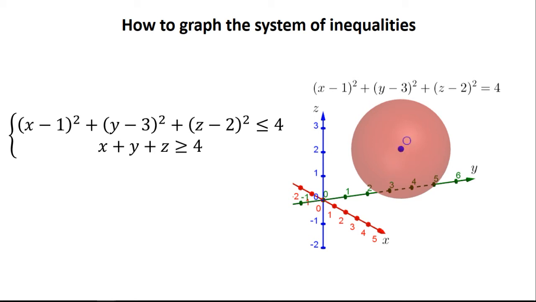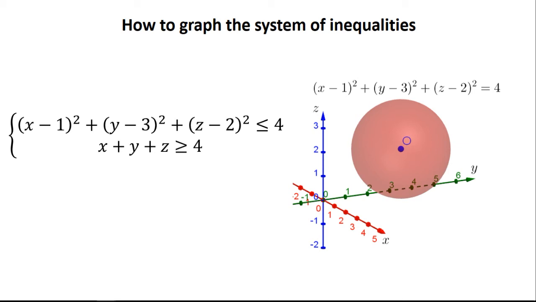Note that the sign of inequality is less or equal, so in other words, this inequality determines the ball with the radius of 2 and the same center as described above. For a better understanding of what kind of subspace is determined by the second inequality of the system, let's draw the surface determined by the equation x plus y plus z equals 4.